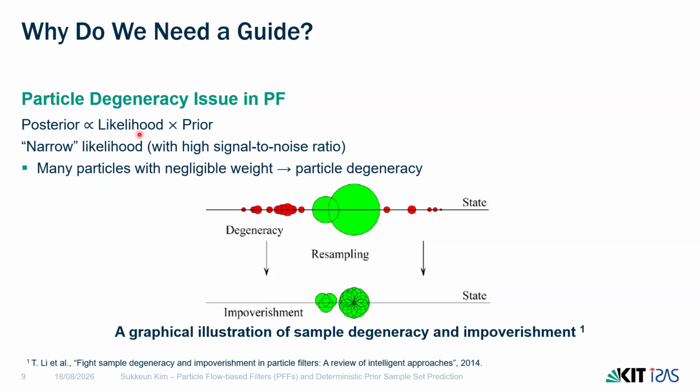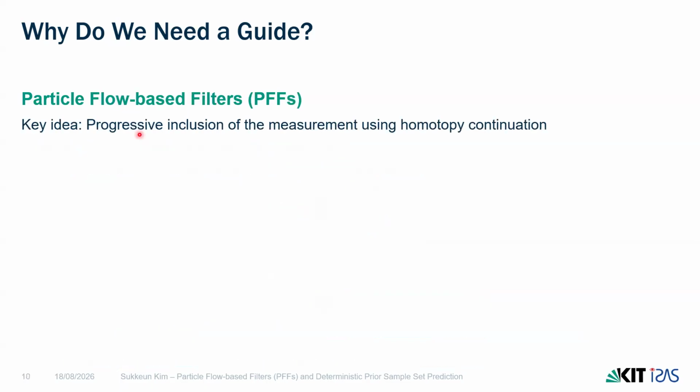If you're already familiar with the ensemble Kalman filter, this is kind of similar, but the difference is that the ensemble Kalman filter is a one-shot update. You just multiply by the Kalman gain, and then the state is moved to the posterior. But this one is a flow, so it gives you a flow with an artificial time. So that's the similarity and the difference between the ensemble Kalman filter and the particle flow filter.